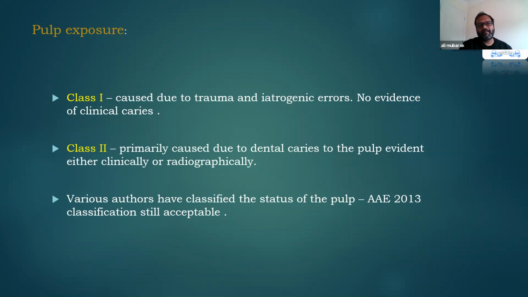And then you have class 2, which is 99% of the cases: dental caries to the pulp, which is seen clinically or radiographically, and is pretty close to the pulp. Now, as I mentioned, various authors have provided classifications, but the American Association of Endodontists 2013 classification is still acceptable. It's a very simple classification.